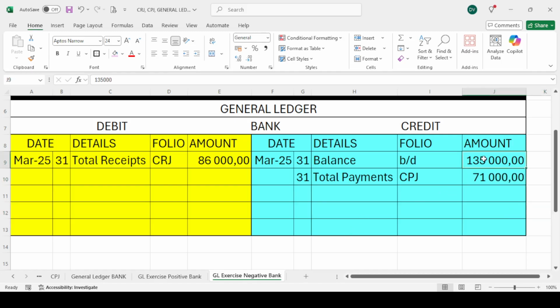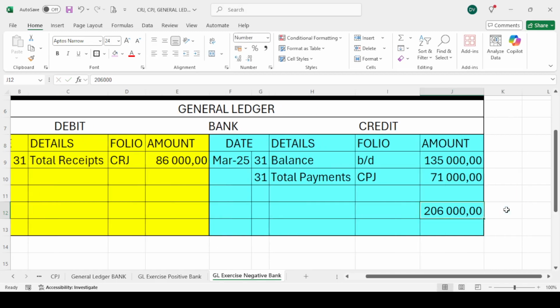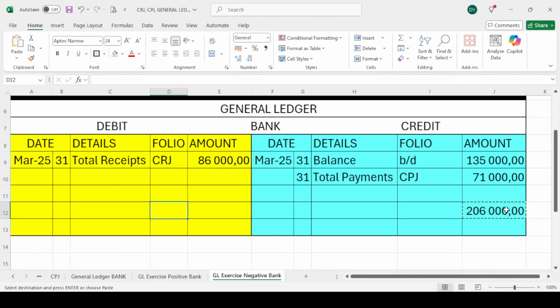So we have to add the two values together to get the total. Right, the total that I get is 206,000. And you copy this total to both sides. And you give it a nice thick line at the top and at the bottom.